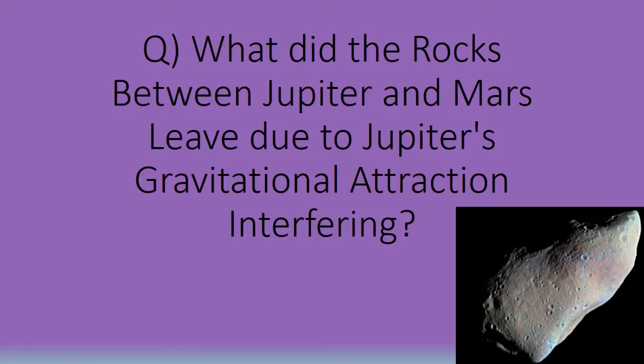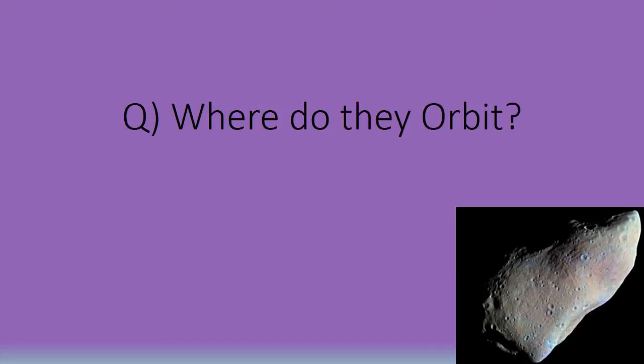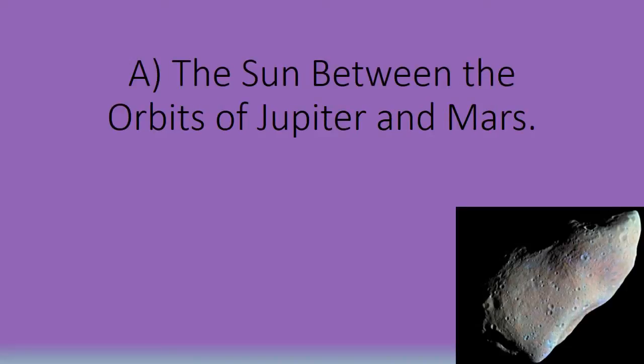What did the rocks between Jupiter and Mars leave due to Jupiter's gravitational attraction interfering? Millions of asteroids. Where do they orbit? The Sun, between the orbits of Jupiter and Mars.